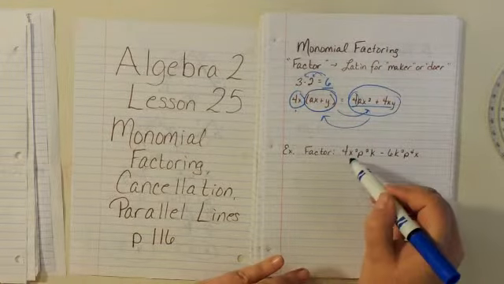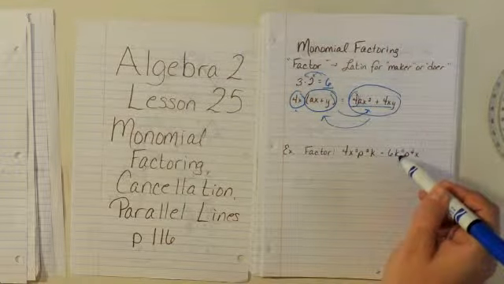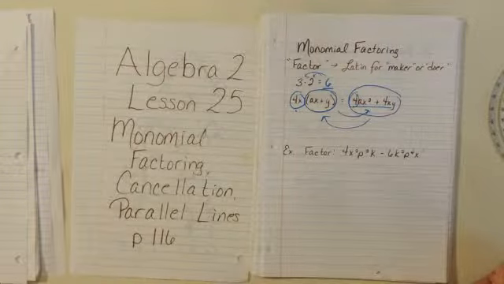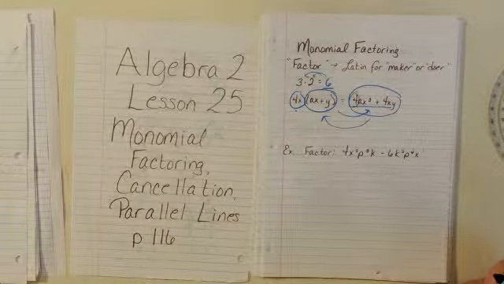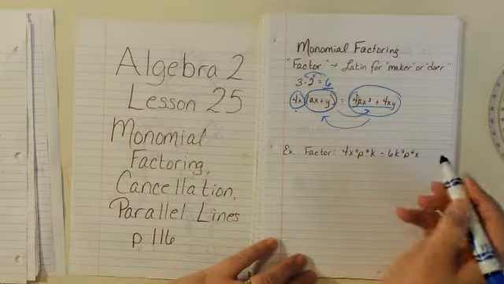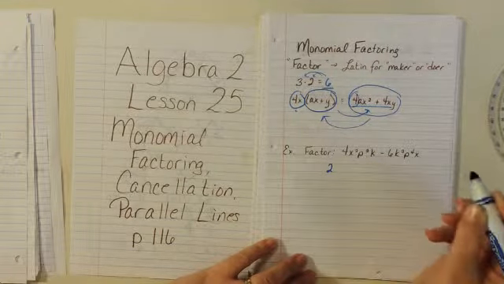We're going to factor 4x squared p squared k minus 6k squared p to the 4th y. So we're going to find the greatest common factor of all of the terms. Okay, we've got a 4 and a 6, so the greatest common factor of 4 and 6 is 2.